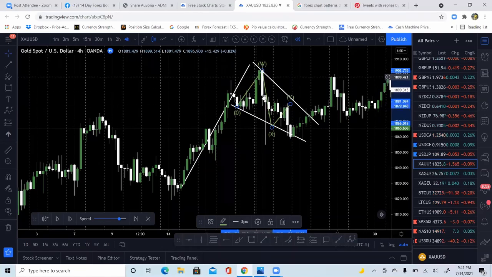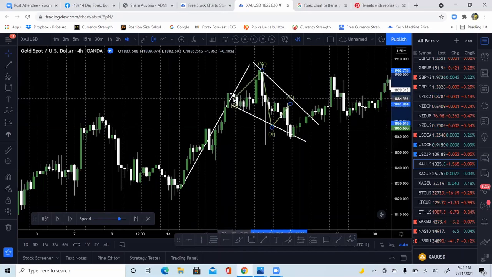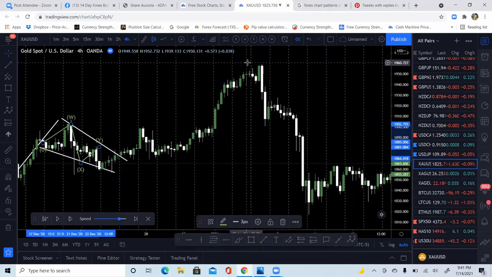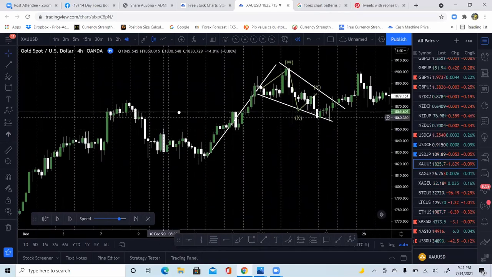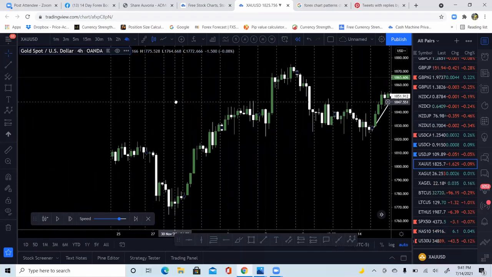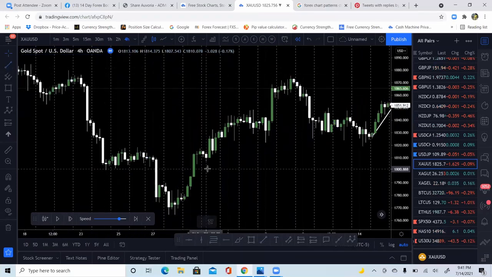So you have this little move going here. And I'm just keeping it simple. I'm not going to go into A, B, C, D. You're just seeing the little structure and that continuation. See how it continued here? This one's uglier, but it still counts as well.